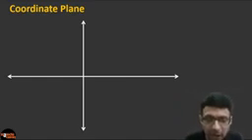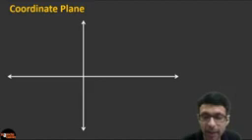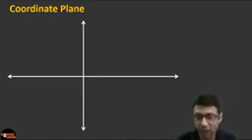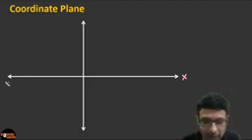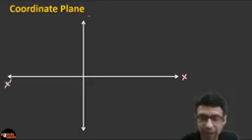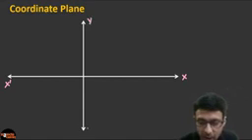Here you can see in the coordinate plane, you actually have two lines, which we call axes. This is labeled as the x-axis, and this is x dash, the negative x-axis. Then you have the y and y dash.